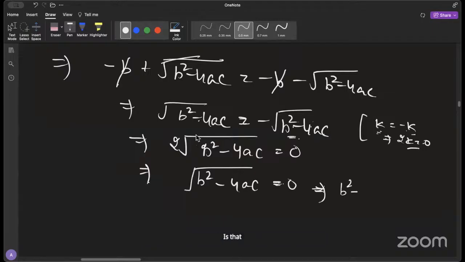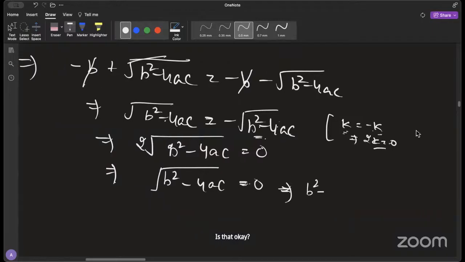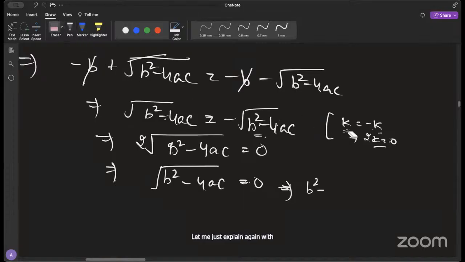Is that okay? Just explain again with the k example. If you have k equals minus k, this means just add k on both sides, and you have 2k equals 0. Alternatively, you can say that you bring minus k to this side.